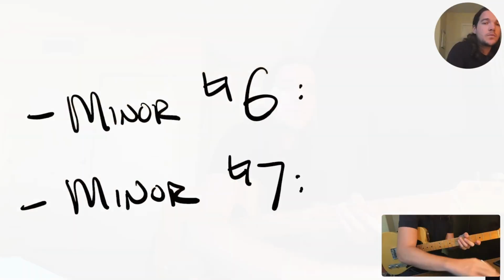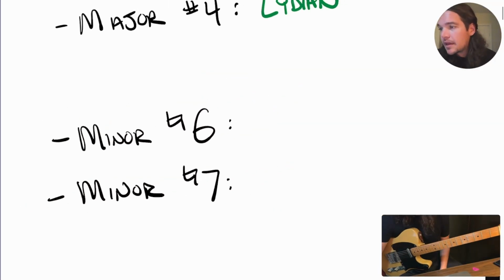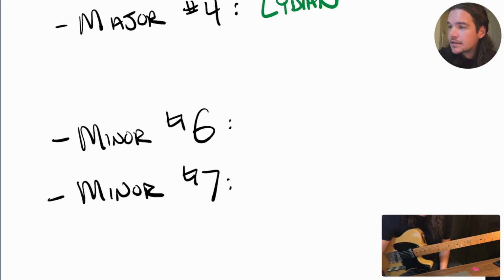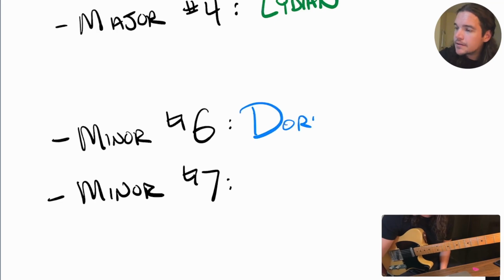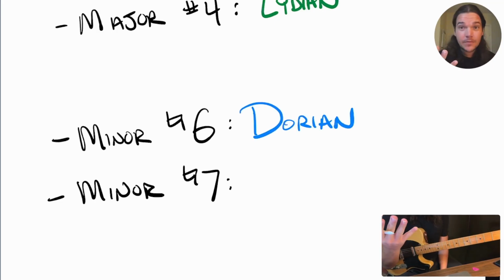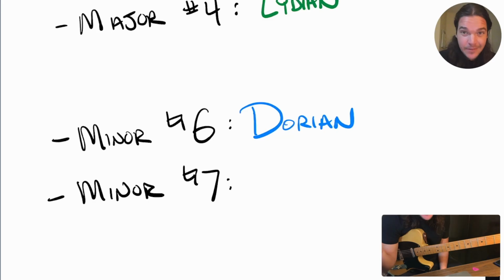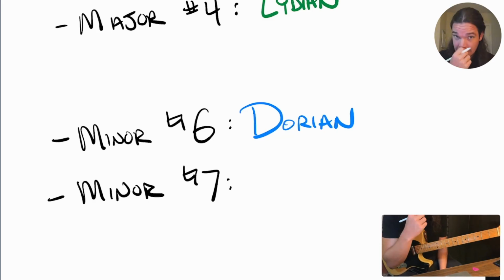So this scale has its own specific name as well: a minor scale with a natural 6 is called a Dorian scale. So now you know, when you hear the word Dorian, you don't have to freak out. It's just a minor scale with a natural 6th scale degree.